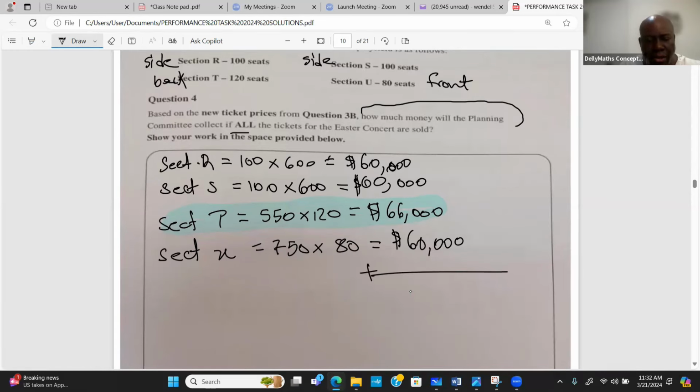So that's 60,000 plus 60 more thousand plus 66,000 plus 60,000 again. All right, we are at 200 and about 46,000 here. So we're at $246,000. With the one with the least features providing the most, I like this one, right?